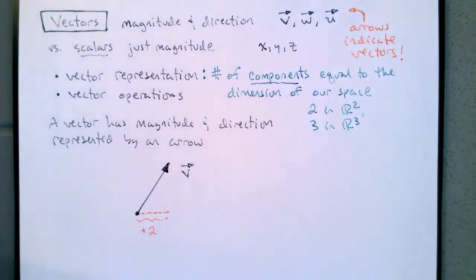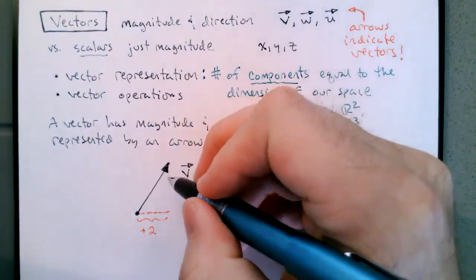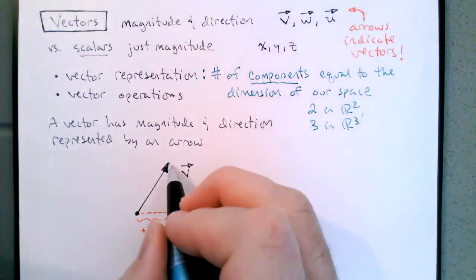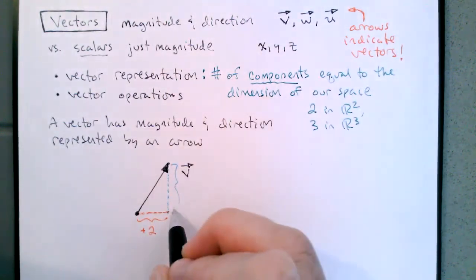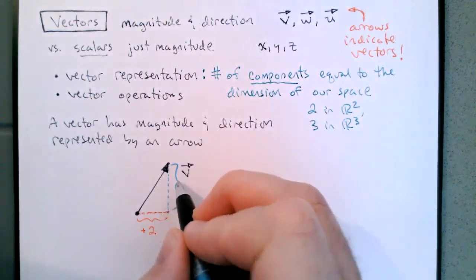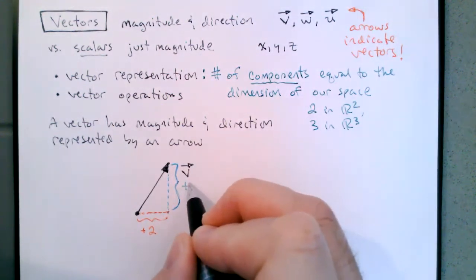And then we have a vertical component. You can't see the grid, but it is 3. And since the arrow is pointing up, our vertical component is positive 3.